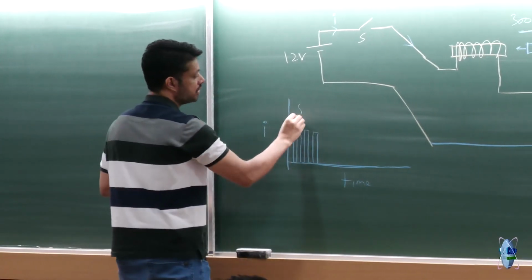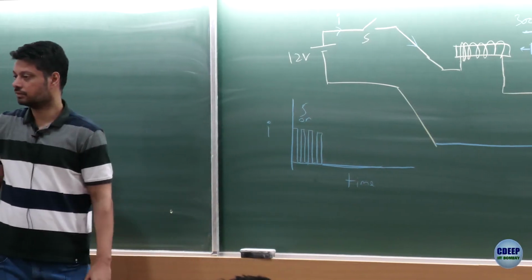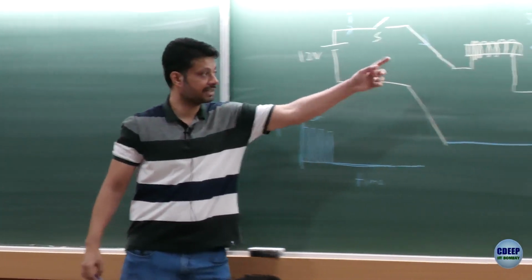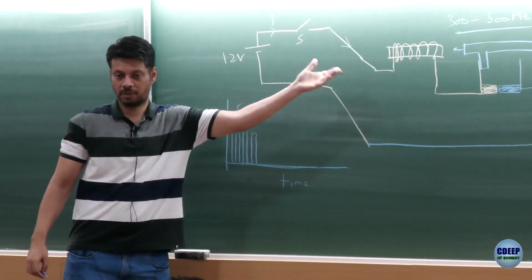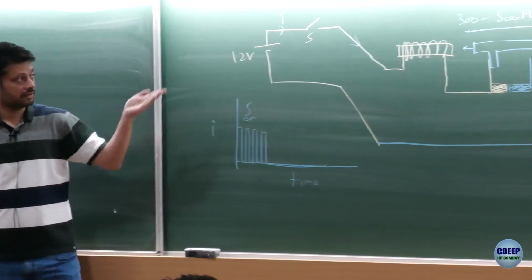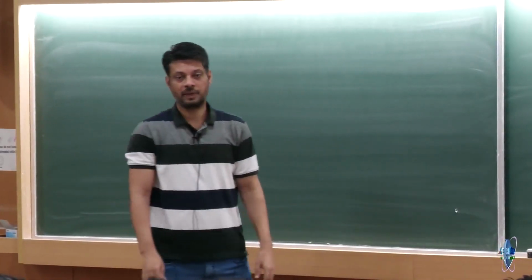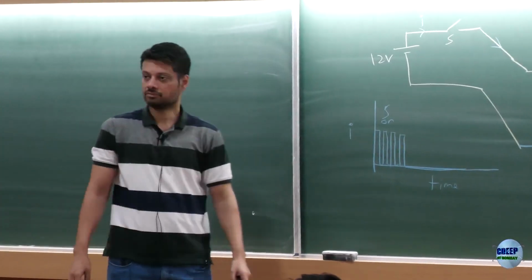Whenever you turn on the switch, it is on-off kind of thing. Is that correct? Because whenever this contact gets made, there is a current. Whenever it opens, there is no current. And what is the frequency of this? This is 300 to 500, the same frequency at which your speaker is oscillating.